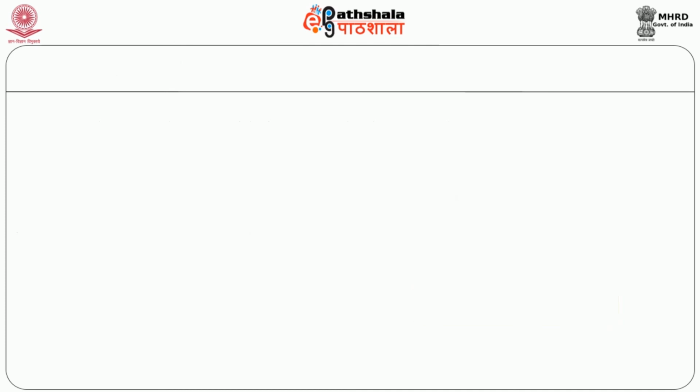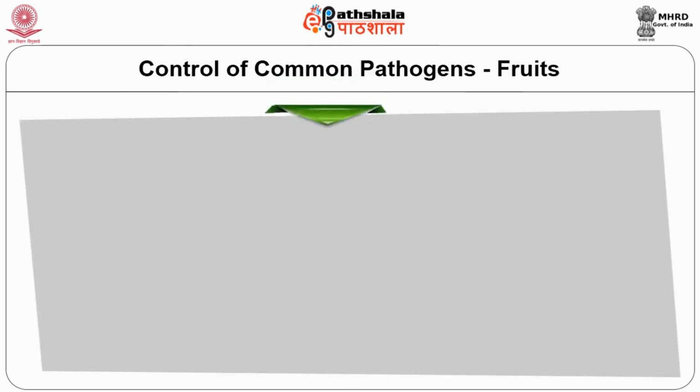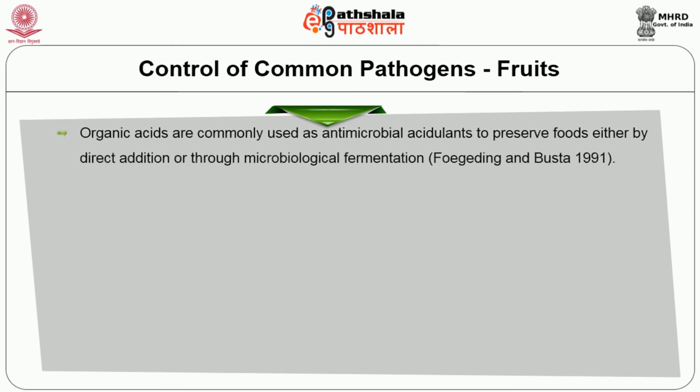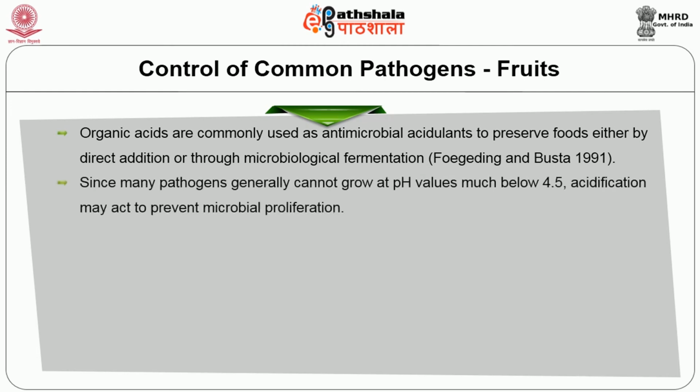Next, we are going to see about the control of common pathogens. Under that, first one is fruits. Organic acids are commonly used as antimicrobial acidulants to preserve foods either by direct addition or through microbial fermentation. Since many pathogens generally cannot grow at pH values much below 4.5, acidification may act to prevent microbial proliferation.